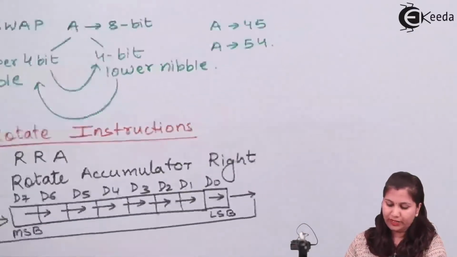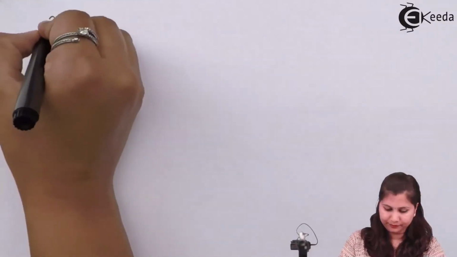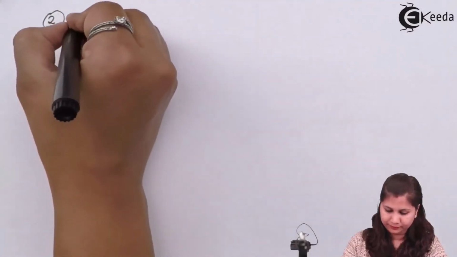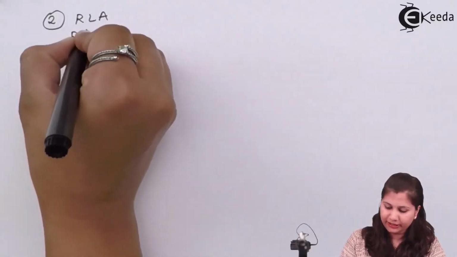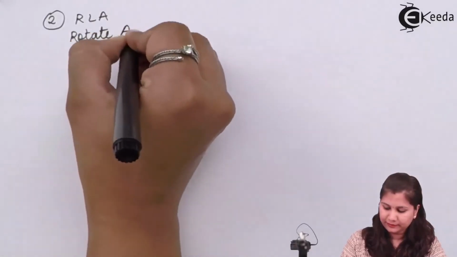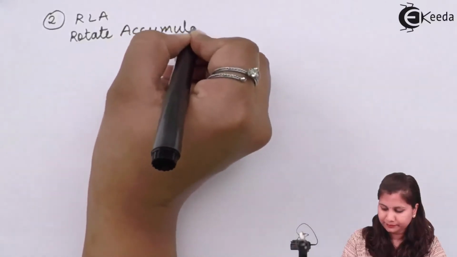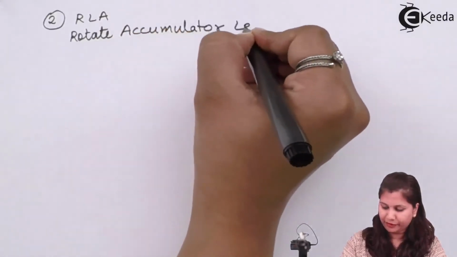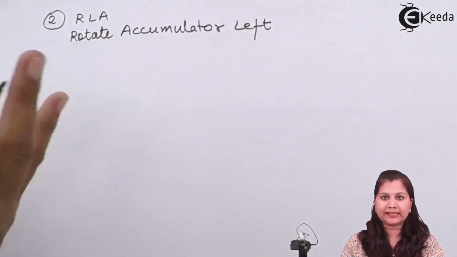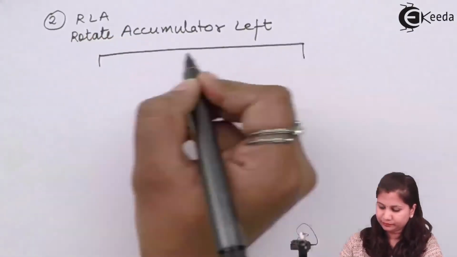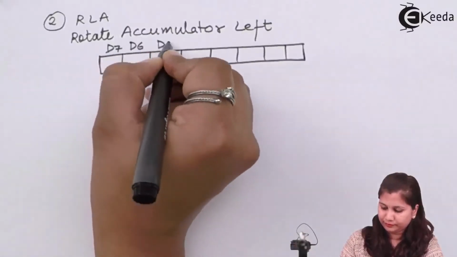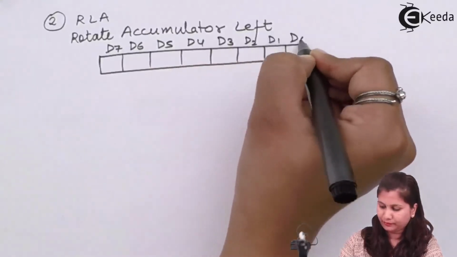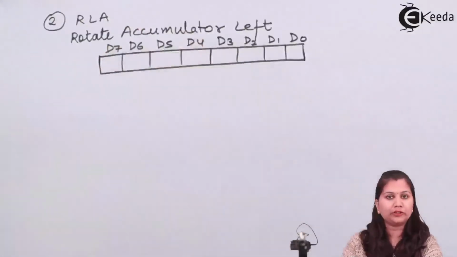The next instruction we have is to rotate the accumulator to the left hand side. RLA, that is rotate accumulator left. Again, the accumulator is an 8-bit register. Now this time shifting has to be done to the left hand side.